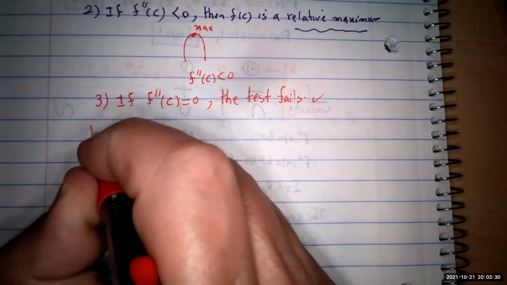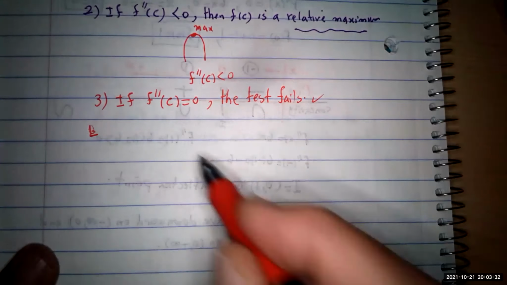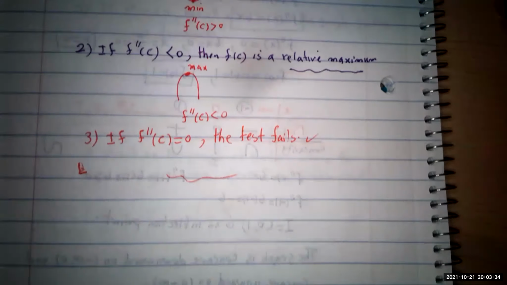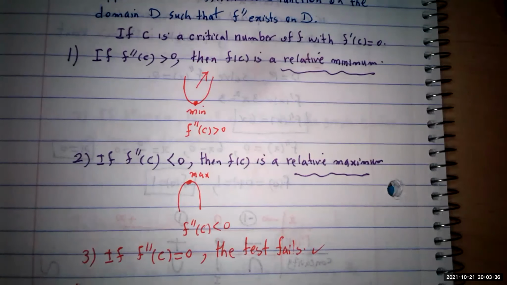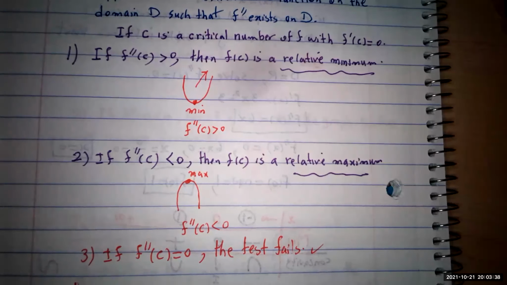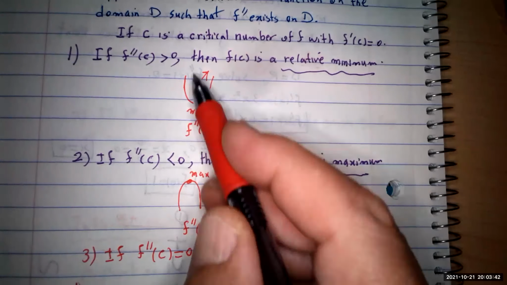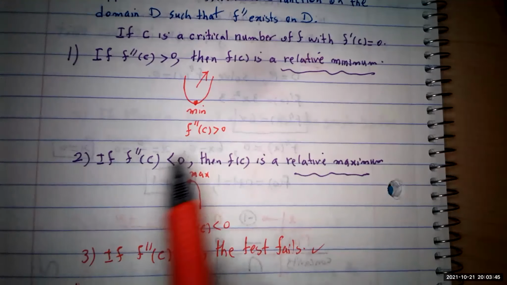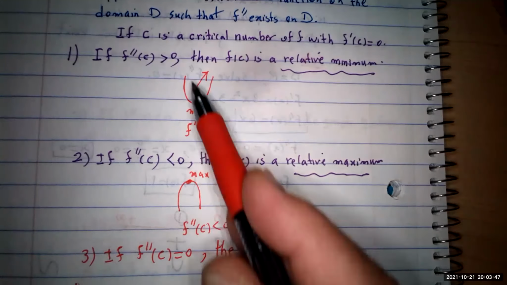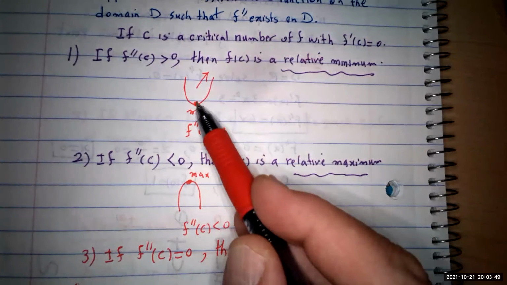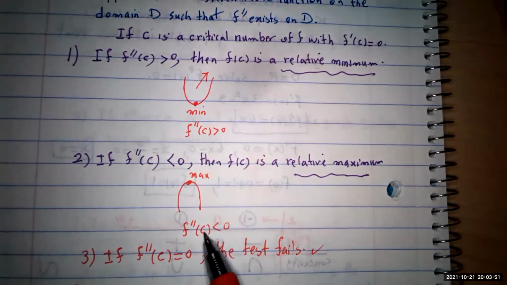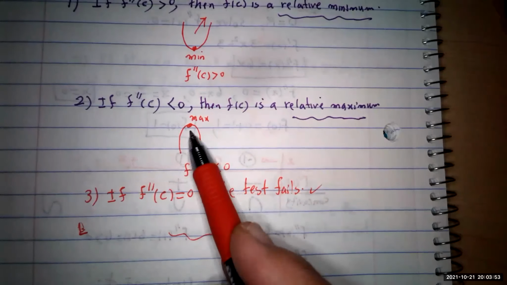This is going to be an example. Let me go to the next page because I need more room. Any question? Very easy test. Concavity positive, up, minimum. Get this shape, then you can find out. F double prime negative means down, maximum.